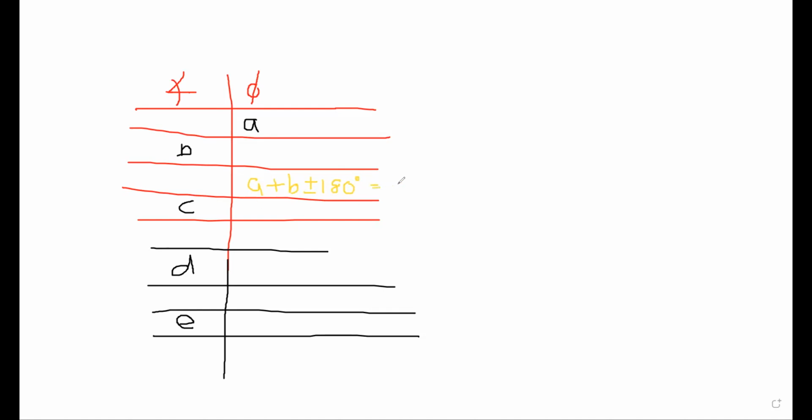So if I take this as X, the final value, then the next one is X plus C plus or minus 180. So I take that value as Y, final value, then Y plus D.